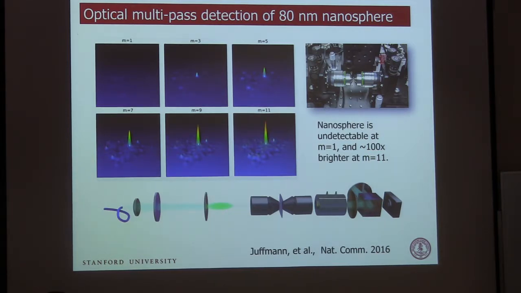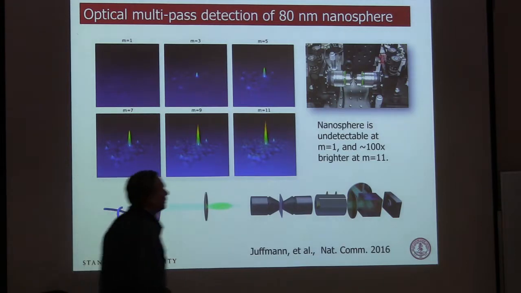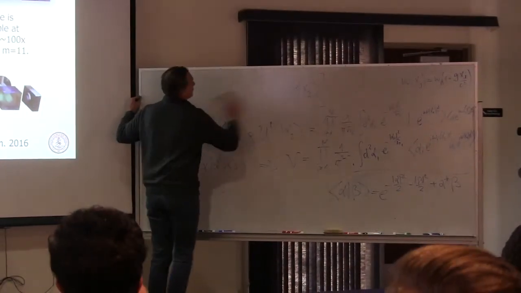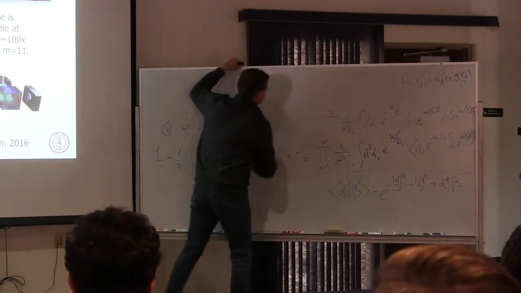And if I were just to build a conventional microscope and shoot the light through once, and then make an image of what came through, we use a dark field method here. In dark field, what you do is you block the incident beam and you detect the scattered beam.